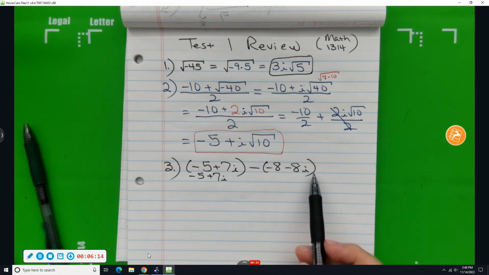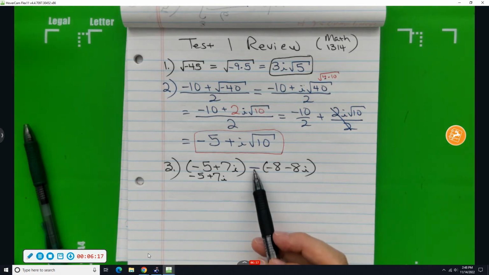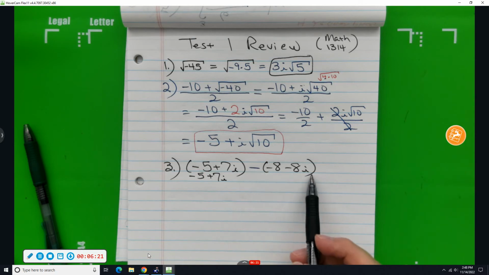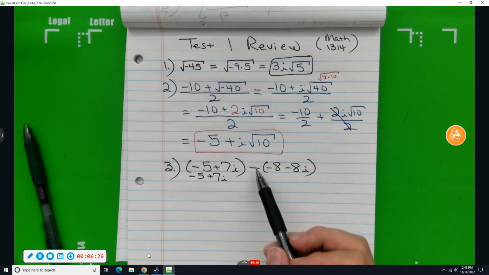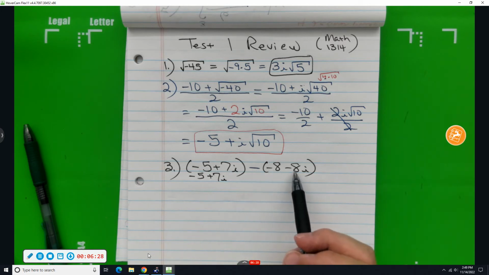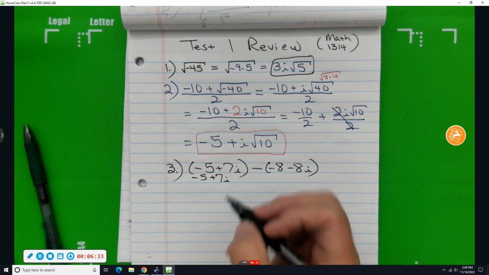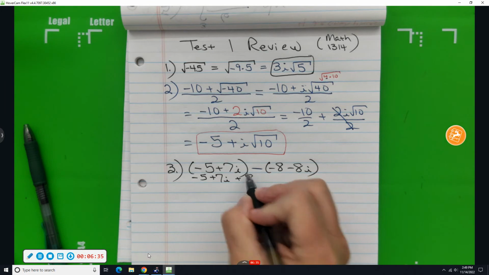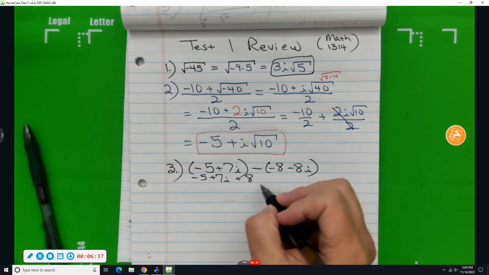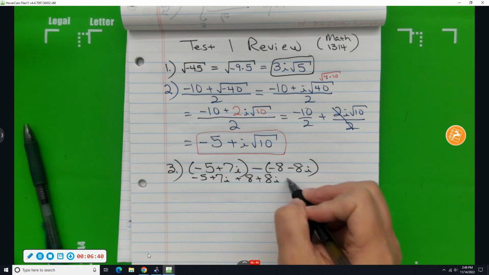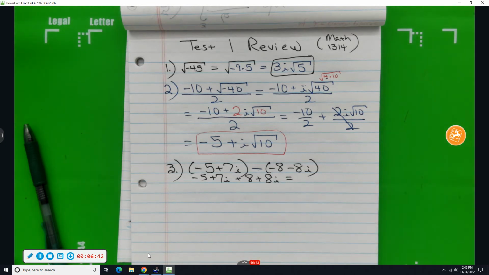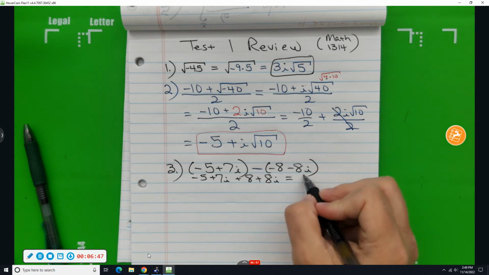But the second set of parentheses is preceded by a minus. What do we do to get rid of the parentheses when there's a minus in front? Okay, you're distributing. That's changing the signs. It's like multiplying by -1. So that minus a -8 becomes a +8. Minus a -8i becomes a +8i. And then we can combine the real parts. -5 plus 8 is a +3.